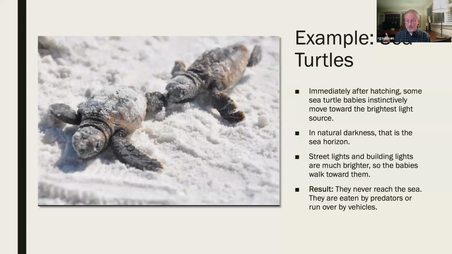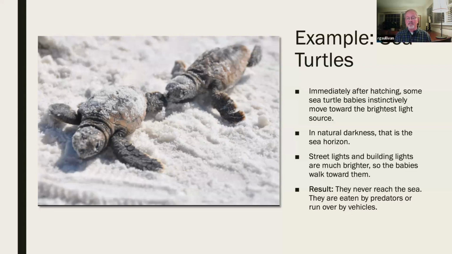and that takes them toward the sea, and they scamper down and they're relatively safer in the water. When there are lights of houses or street lights on the beach or away from the shore, the baby tortoises or turtles will go toward those light sources.